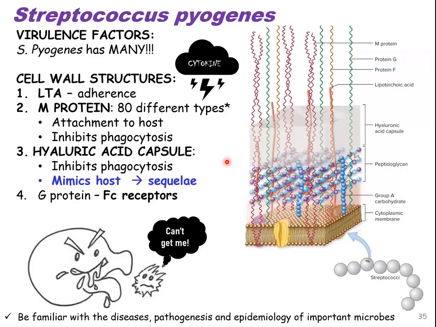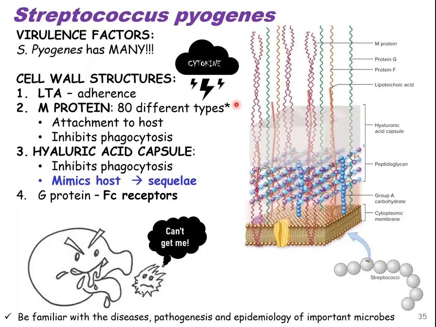So Streptococcus pyogenes, just like Staphylococcus aureus, different strains can have a whole host of virulence factors, so lots of them. They have those lipoteichoic acids, which help them adhere, and then also M proteins sticking out on the surface of their cell wall. This drives our immune system crazy, so once again, it tends to cause that cytokine storm, and then we get damage.